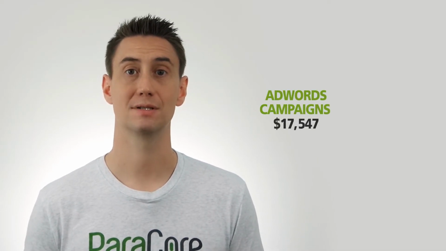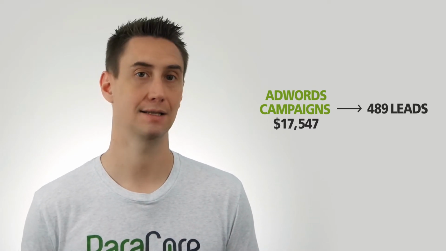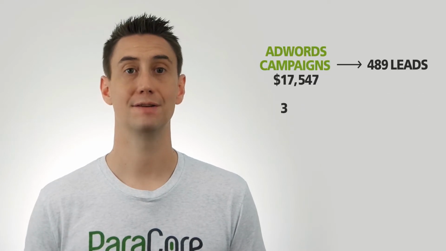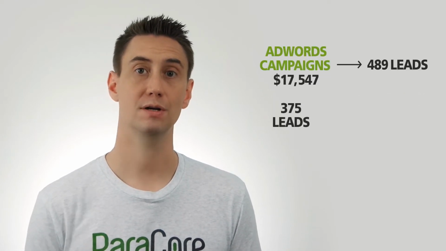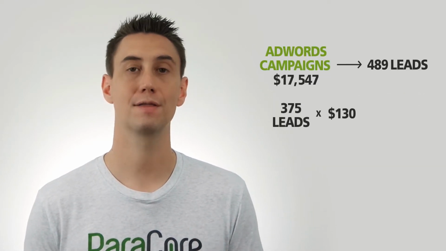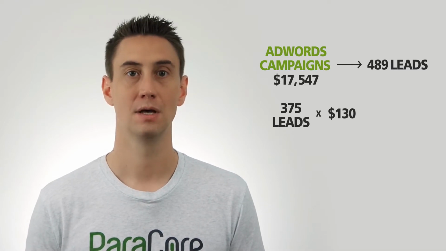Let's go over an example and start by just looking at return on ad spend. Let's say you have a lead generation website that sells leads to attorneys. You want to know your return on ad spend over the past 30 days. You check out AdWords and see that you spent $17,547 on your AdWords campaign, which brought in 489 leads. 375 of those leads were sold to attorneys for an average of $130 per lead.